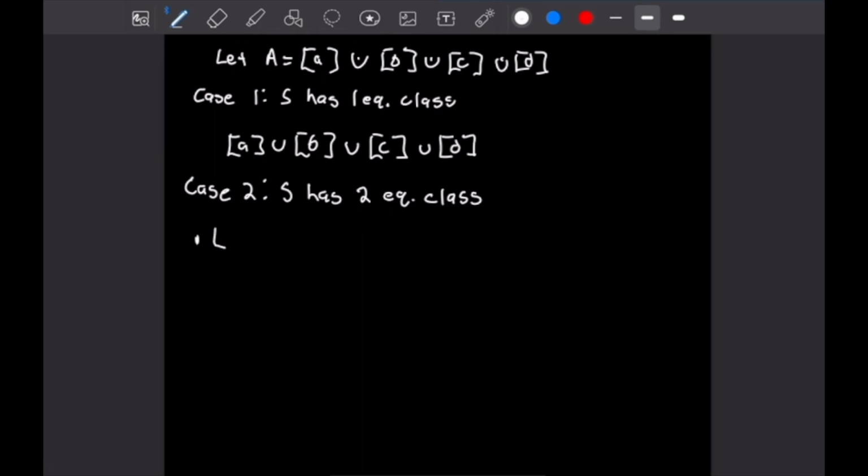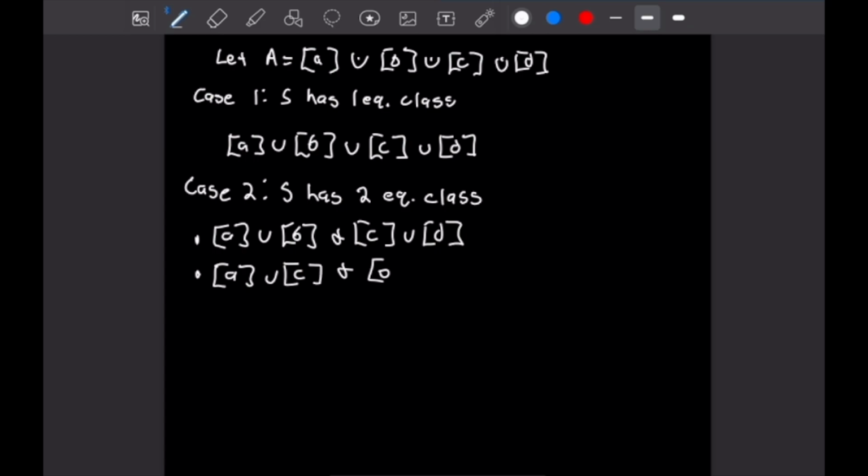For the first one, we'll have A union B and C union D. And then for the next one, let's do A union C, and then we'll have B union D. Then for the next one, let's have A union D and B union C. And that will be all the possible cases where we have 2 sets of merged equivalence classes.